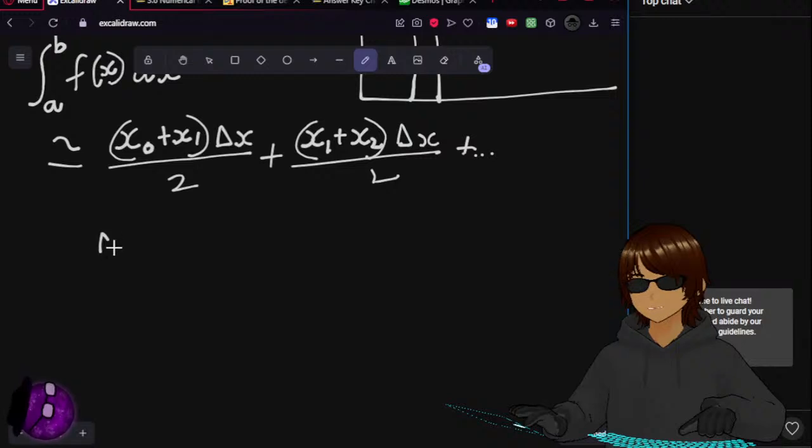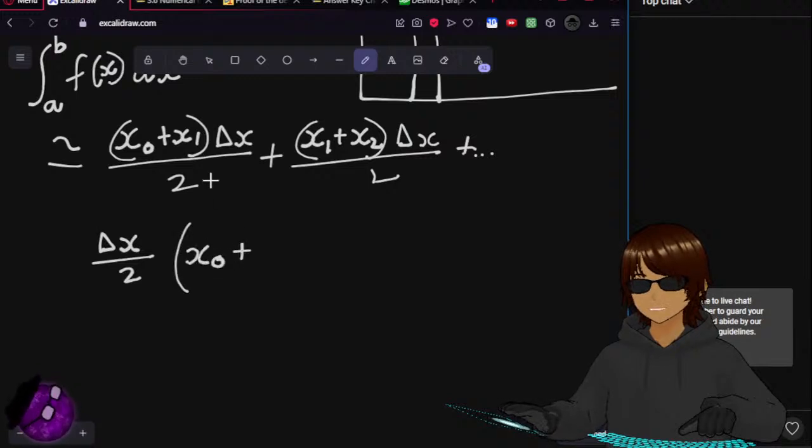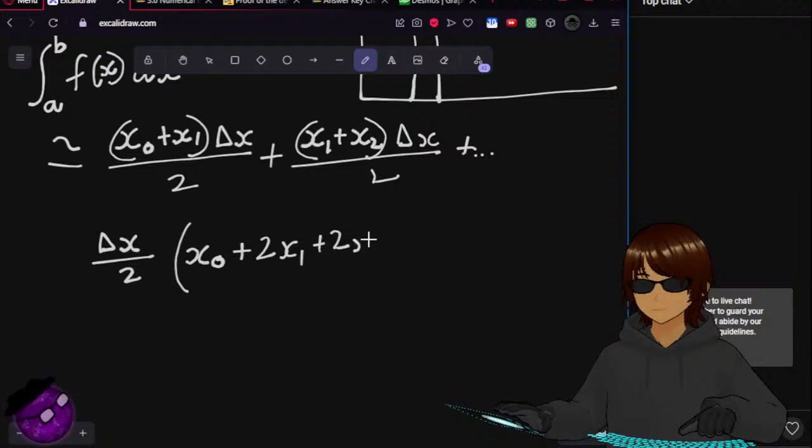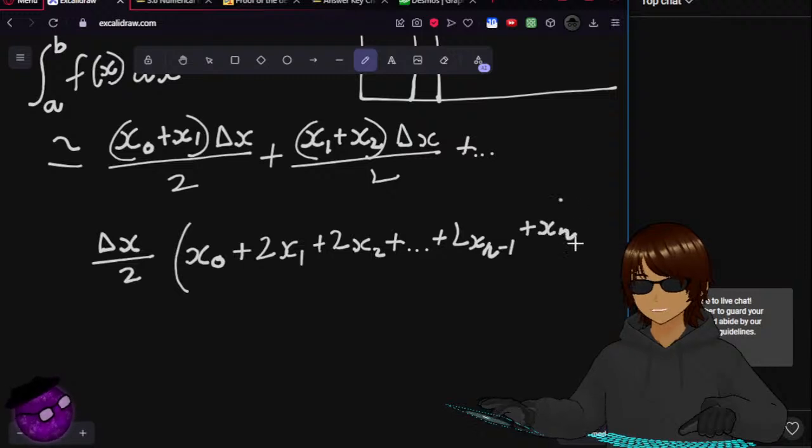which is then, take delta x over 2 out, plus it with this, and this appears twice. Oops, 2 n minus 1, and then the last one appears once.